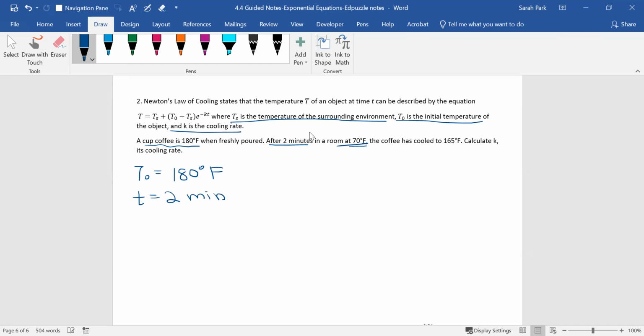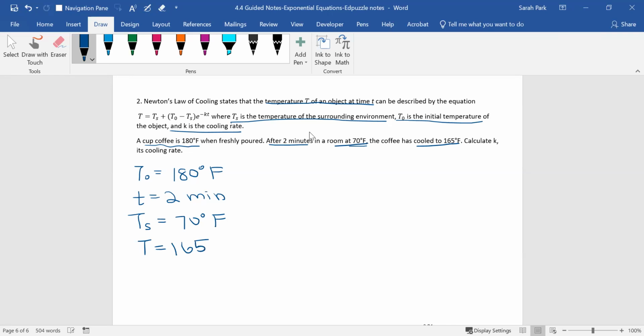The room temperature, that's our surrounding temperature, so T sub s is 70 degrees. And our temperature that's given, 165, that's our regular T. That's the temperature of the object after 2 minutes. Okay, so I think we've listed everything that's given.